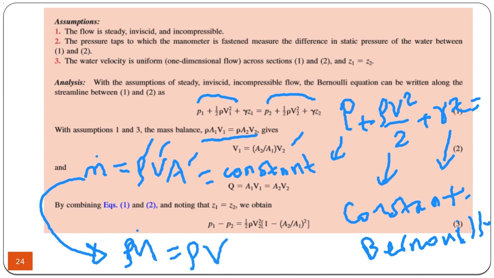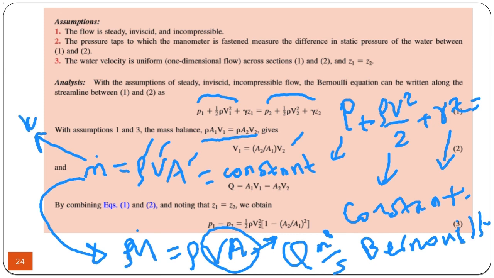This part is called volumetric flow rate, sometimes Q dot, sometimes Q, but in any case, the VA part is called volumetric flow rate, and it has the units of cubic meter per second, whereas this one has the units of kilograms per second. So when we write the Q as A1 V1, which is equal to A2 V2, because rho is constant.